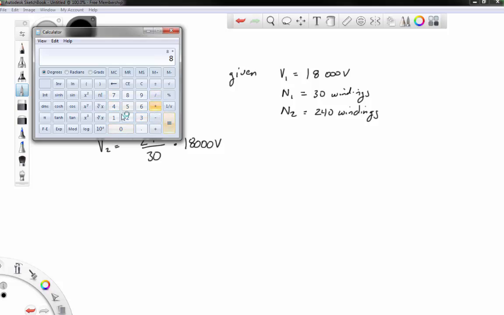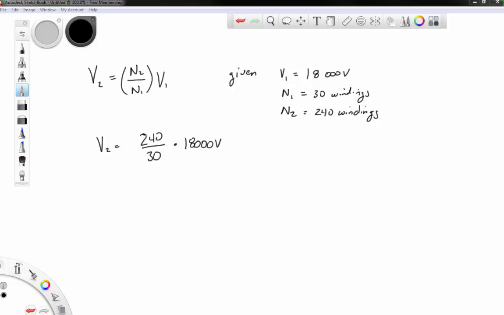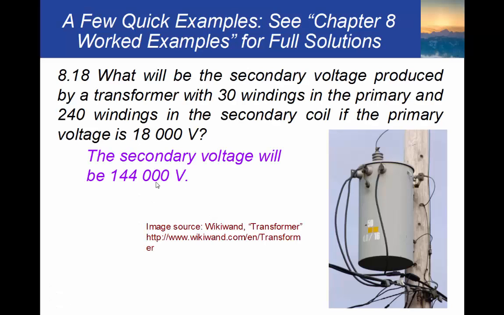That is going to be times 18,000, and what you get is 144,000. So V2 is 144,000 volts. So that is what our output voltage from this transformer is. The output voltage, of course, is also the secondary voltage.